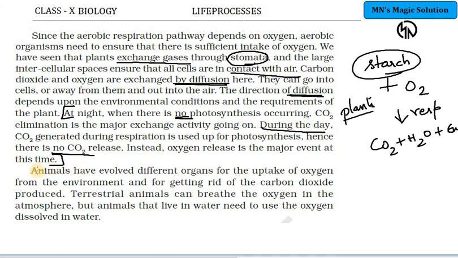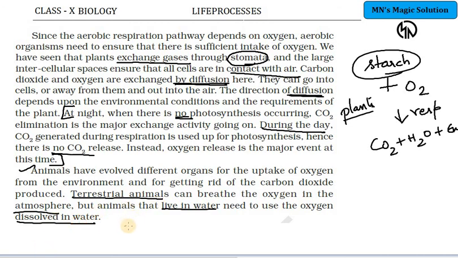The next question will be related to animals. Animals take in oxygen by various methods. If we look at terrestrial animals, they breathe the oxygen from the atmosphere. But those that live in water need to use oxygen dissolved in water.